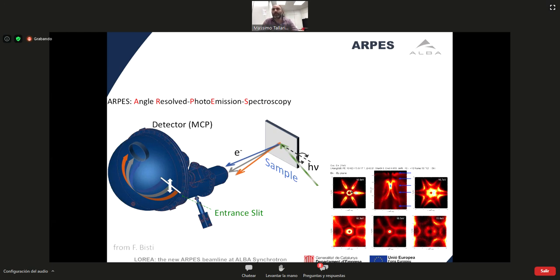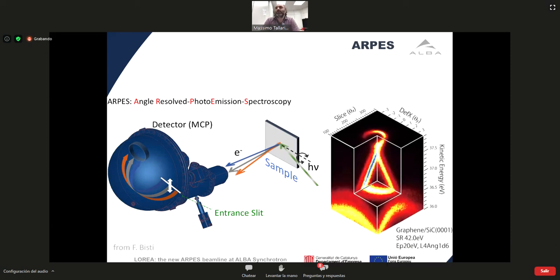So we can get isoenergy images, and then changing the energy, we can get all the band structure of the material that we are measuring. This is similar to what Debora was showing before. So we can then reconstruct the 3D image of the band structure of the materials that we can investigate.